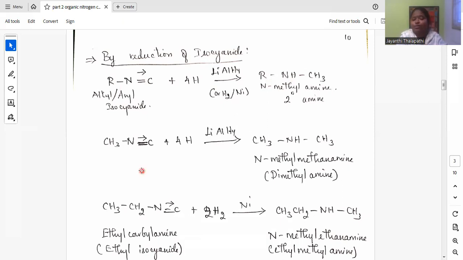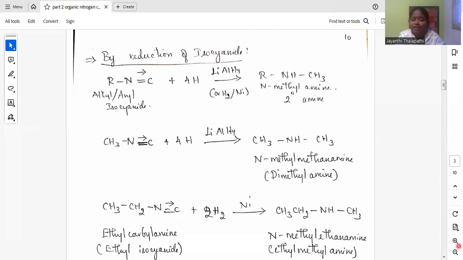So for example, over here we have methyl isocyanide, CH3NC. On reduction you get CH3NHCH3. This carbon atom got 3 hydrogen, so over here methyl. So N-methyl methanamine, which means 2 methyl groups with NH.